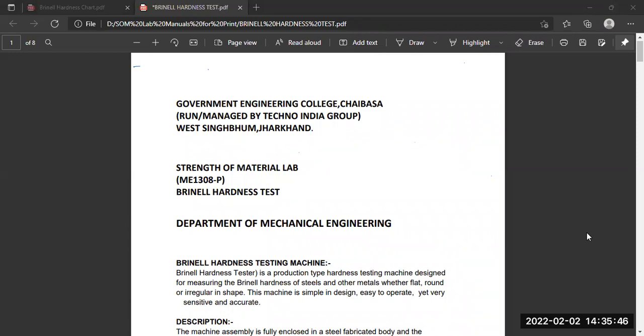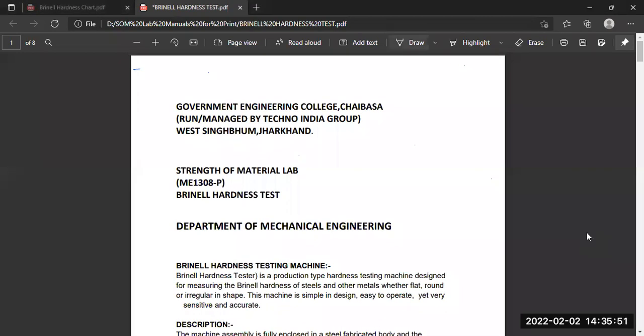First, I've told you hardness is the ability to resist indentation.